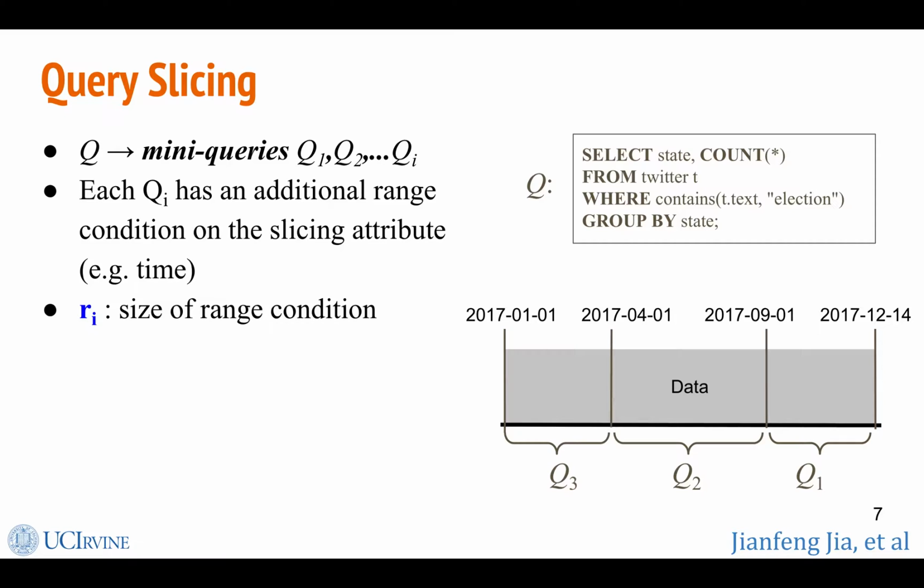The first mini query attaches the September to December time range, and the second is attached with an April to September time predicate. In this way, we expect the underlying database to visit less data, so that the response time of these mini queries is much faster than running the original query on the entire data set.